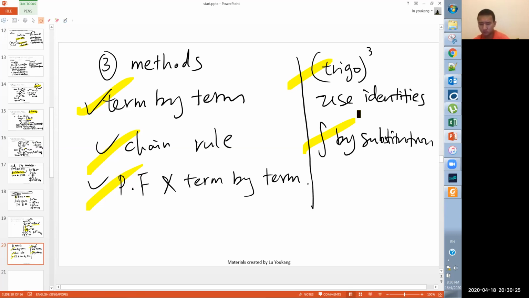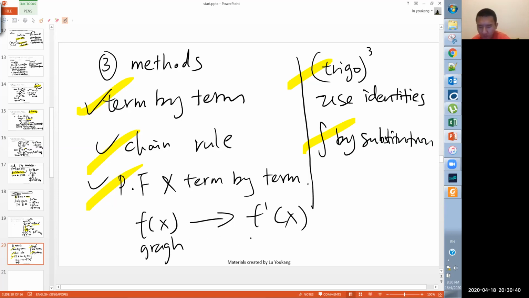And we also see how the graph function is linked to the gradient function. You differentiate to get your gradient function. So gradient function to graph function, you integrate. So this is the summary of what we have learned so far.